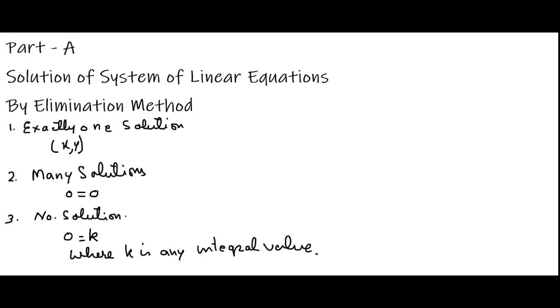So these are the three results which will be obtained when we solve the given set of equations. But one thing is very important: while solving systems of linear equations, our target will be exactly one solution.